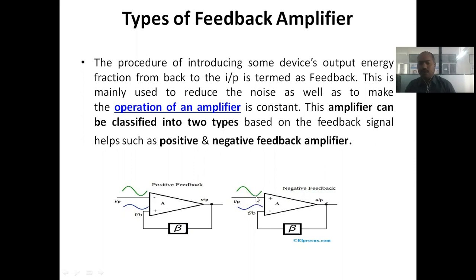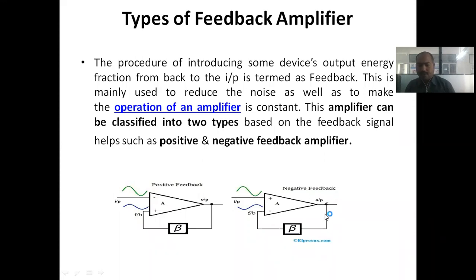We know that the output of a common emitter amplifier is 180-degree phase shifted from its input. So we have applied the sine wave, and we got the output as a cos wave.